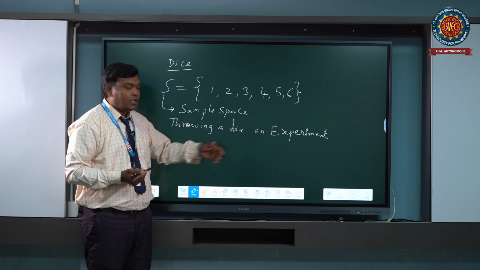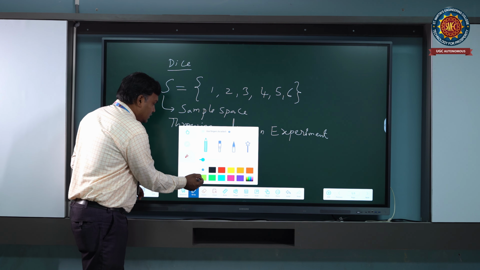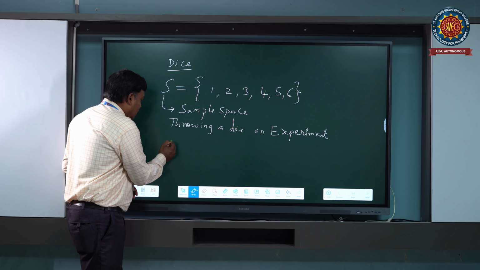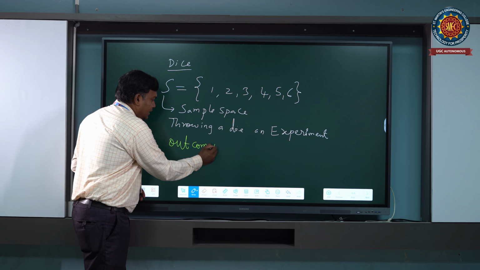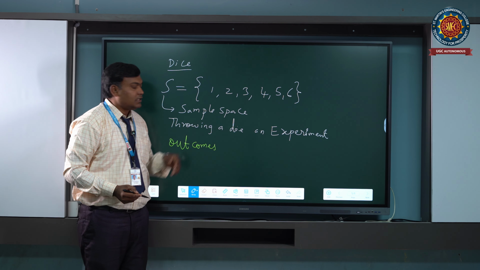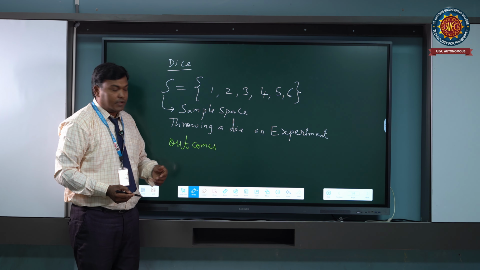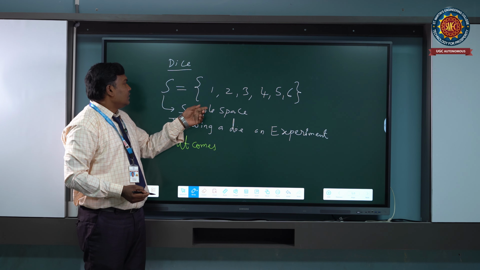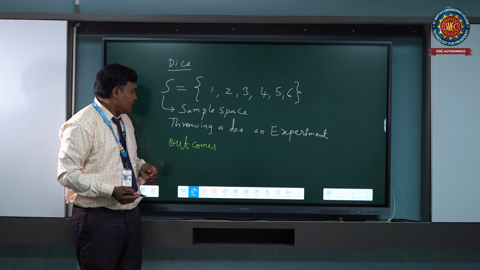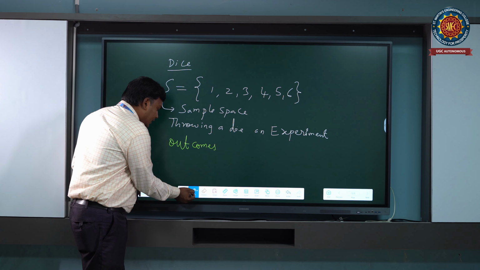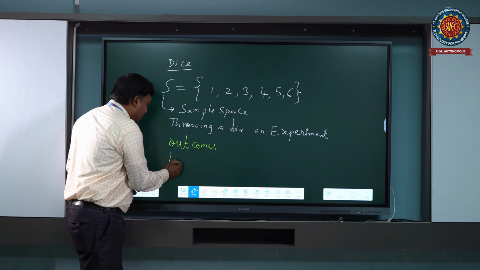In this experiment we get outcomes, represented in flower brackets in the sample space. For example, if you throw a die, we will get 1, 2, 3, 4, 5, 6 outcomes.